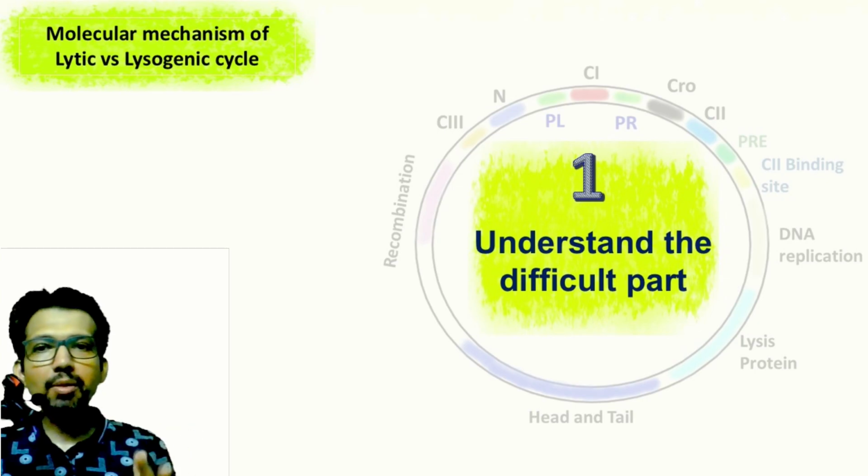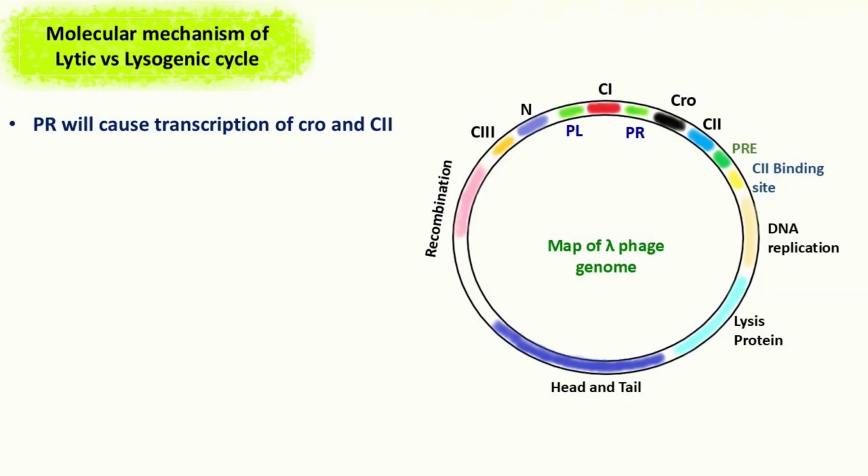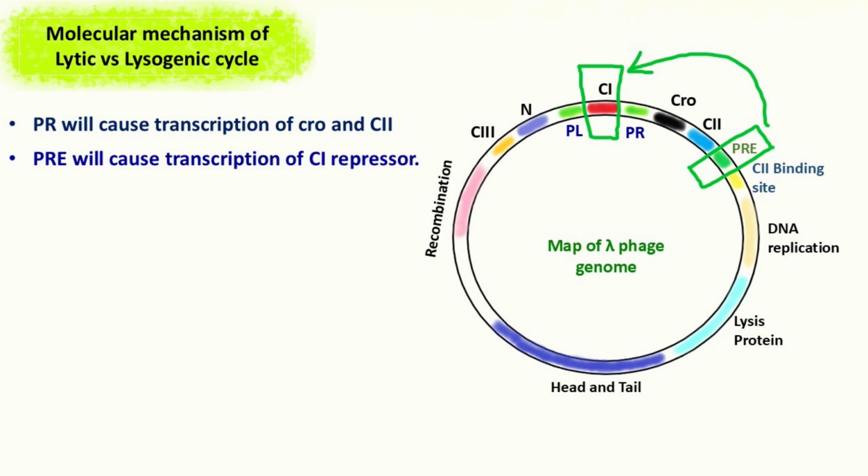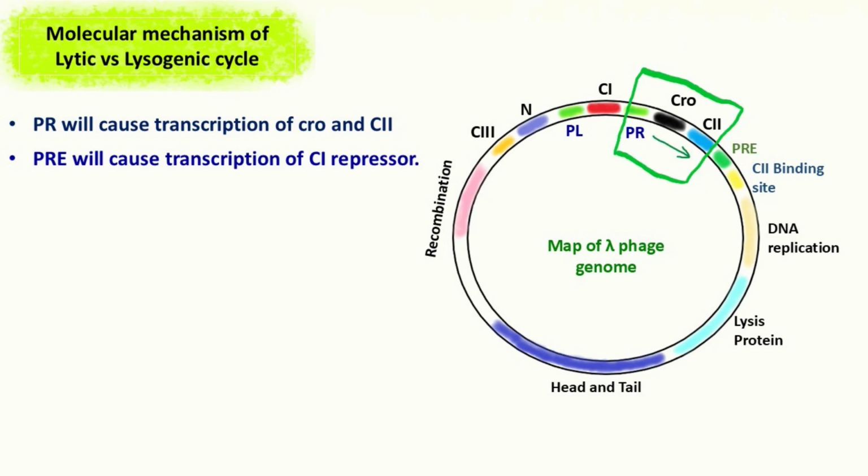Before we begin, let's start with the difficult part where most students get confused. And I want you to remember this. PR will cause transcription of CRO and C2. PRE will cause transcription of CI repressor. Let me repeat this.